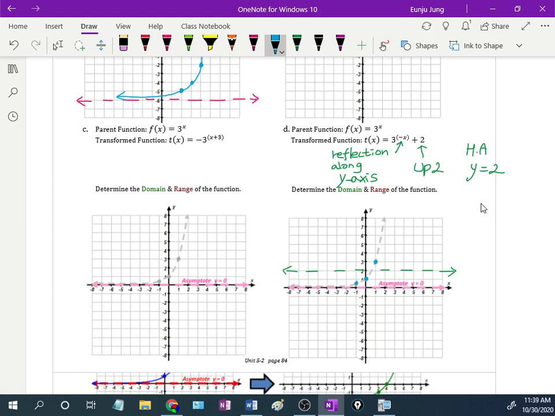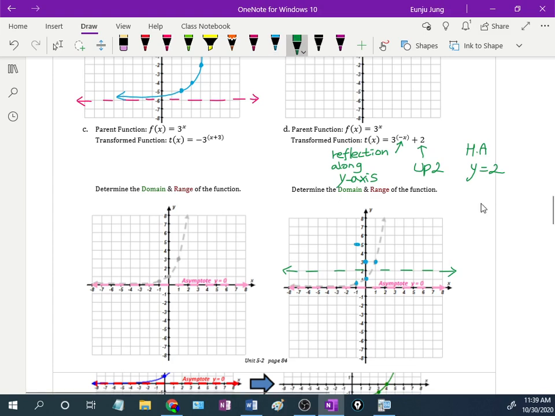All right, up 2, and then I need to reflect it along the y-axis. So this one, up 2 and reflect it, it's not going anywhere, right? Left to right. It's on the y-axis, it stays there. And this one up 2, and then left to right swap, and then this will go this direction. Is it confusing?